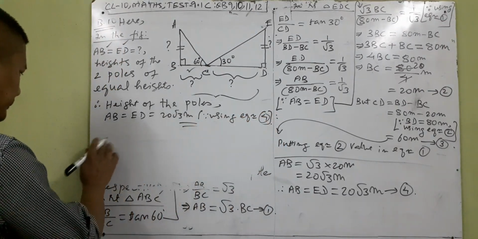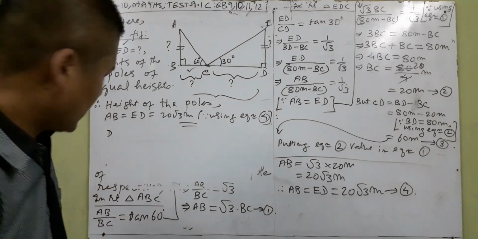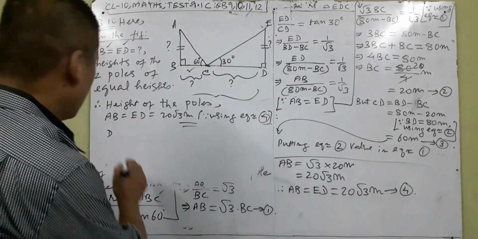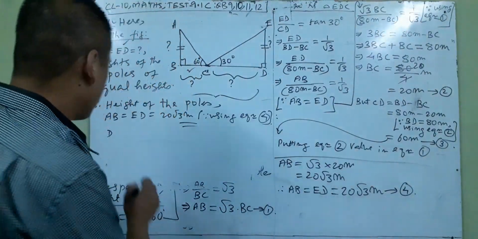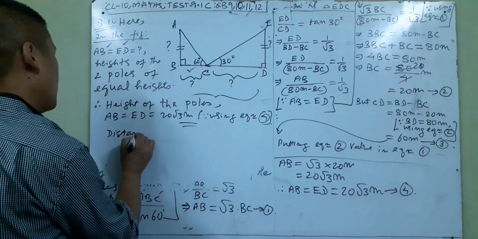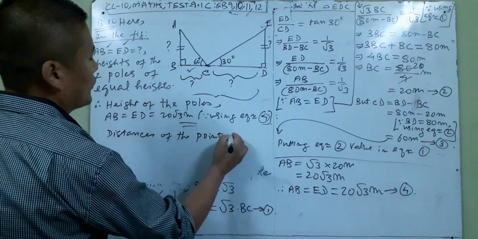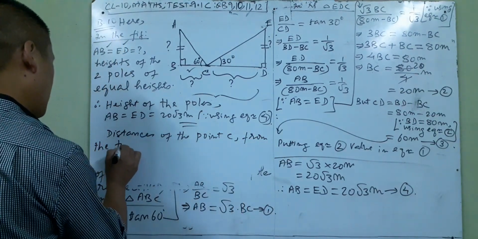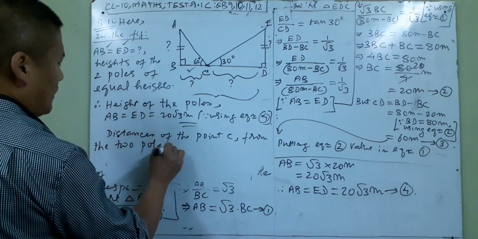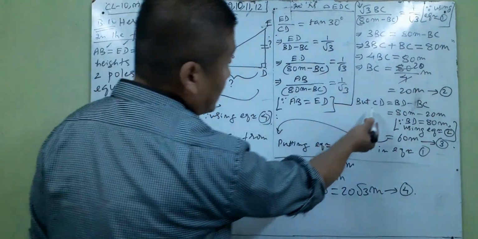Then second one, distances. What the question is asking is distances, question number 10, find the height and the distances to the point from the pole. So distances of the point, point C in the diagram, from the two poles are CD and BC.